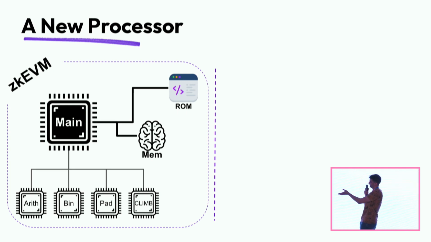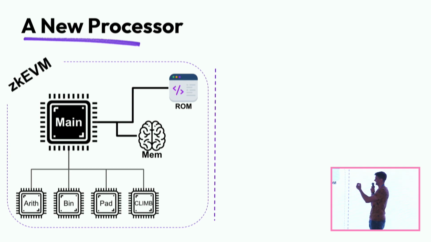We designed it in a distributed manner, meaning that we are not encoding all the logic inside the same processor, but we are distributing them among different coprocessors. For example, we have a part that deals with arithmetic operations. We have another part which deals with binary operations, for example.